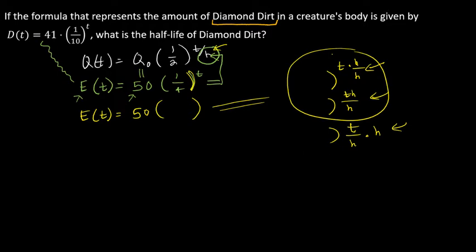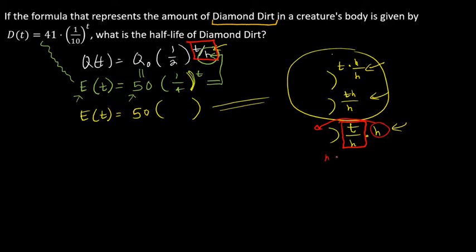So now I say, all right, according to my little blueprint, according to my little map, I do want to have a t over h on the outside of my parenthesis, just like this. But this h is in my way, I don't want it here, so to get rid of it and force the equation to fit the way I want it, I'm going to put my h on the inside of the parenthesis.